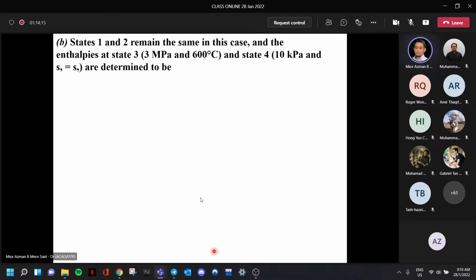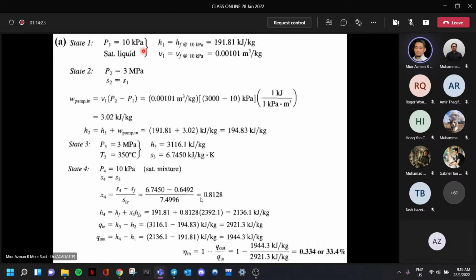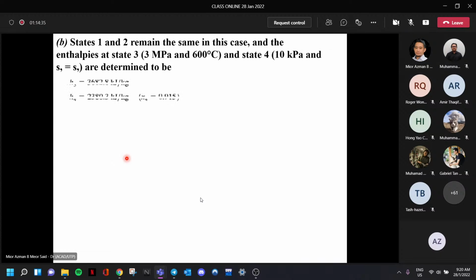Now state 3 will be at 600 degrees Celsius. State 1 and state 2, you solve the same as in A, so these values will be the same. The only change is state 3, where T3 is now 600 degrees Celsius. So, state 3 is 3 megapascal, 600 degrees Celsius. You look at the superheated table A6, and H3 will be 3682.8.